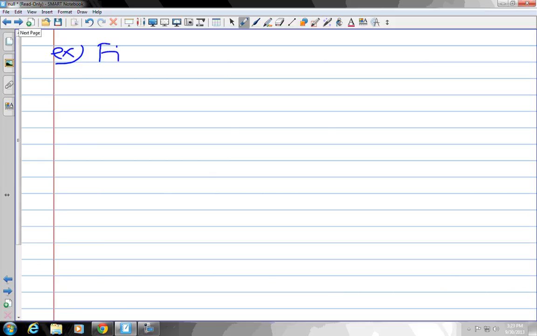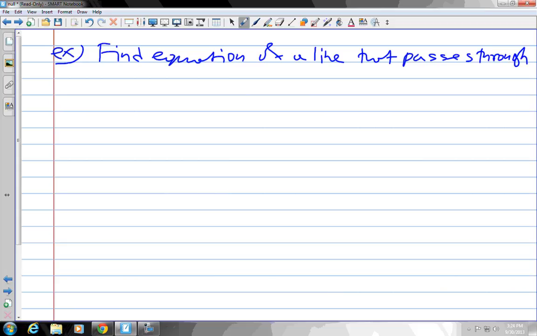I can ask you, find the equation of a line that passes through the point -2, 3, and has a slope m equals negative 1/2.